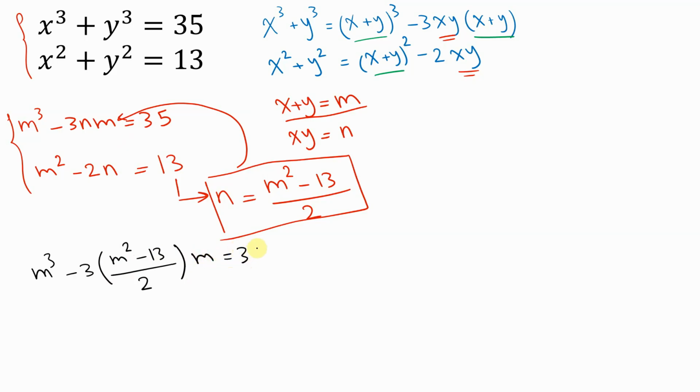equals 35. Now, for the sake of simplicity, I'm going to multiply by 2 to get rid of these denominators.